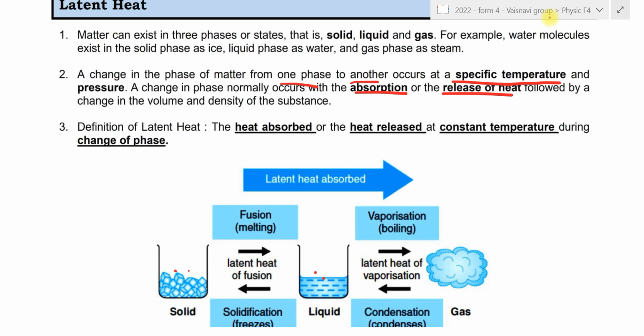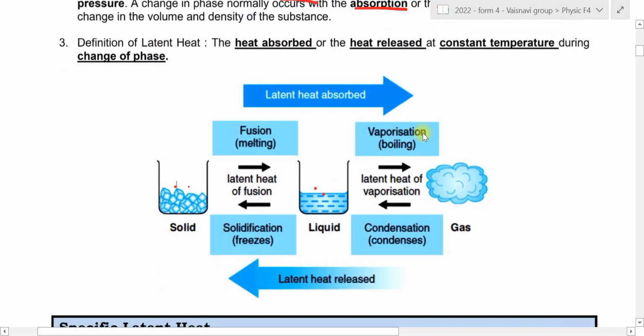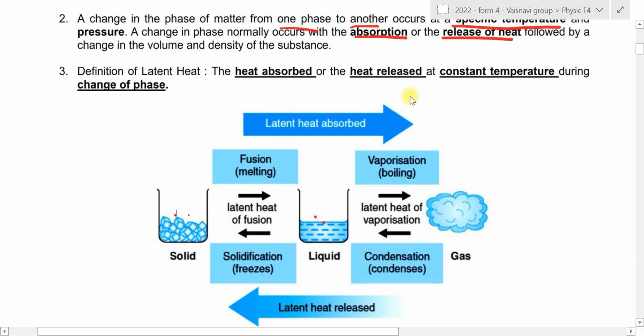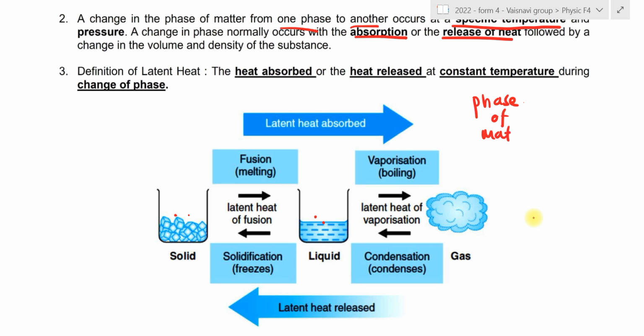So the definition of latent heat: the heat absorbed or the heat released at constant temperature during the change of phase. It means the phase, the state of matter, changes at constant temperature. But the temperature does not change. Is that possible?